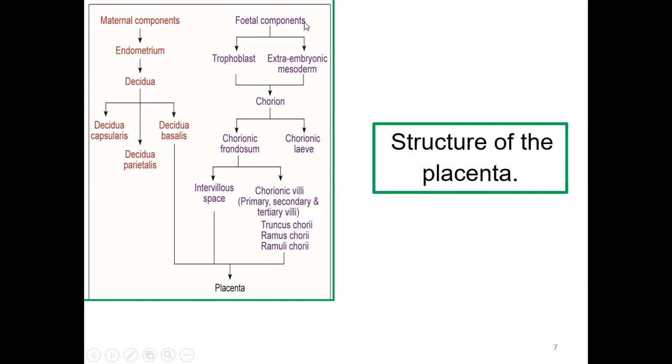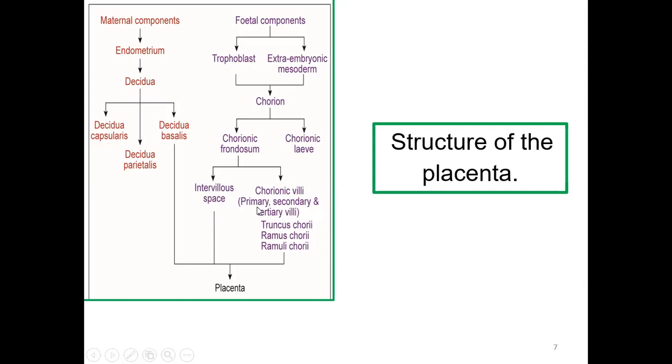And the fetal components are made up of trophoblast and extra embryonic mesoderm, which both will form the chorion. The chorion is also divided into two types: chorion frondosum, which is at the embryonic pole, and the chorion laeve, which is at the abembryonic pole. Then the chorion frondosum is separated by intervillous space, and it will undergo branching, which will form chorionic villi.